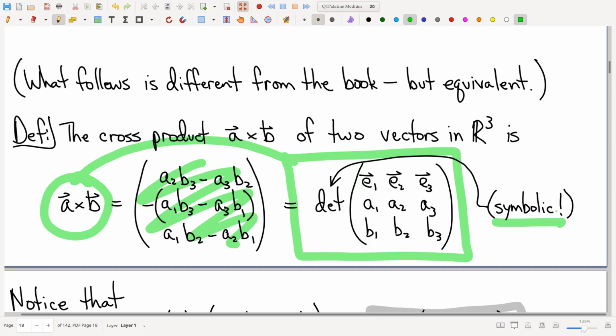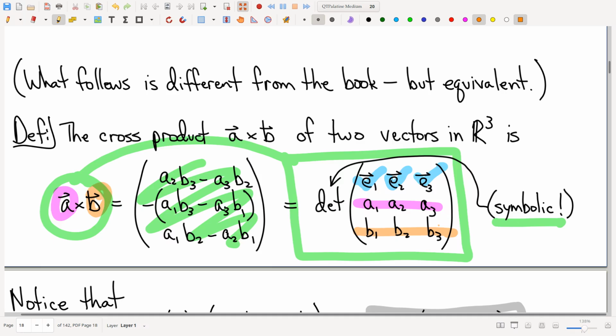I would forget a minus sign, or I'd get those two products in the wrong order in one coordinate or another. It'd be really easy to mess that up. But this formula here, I think, is pretty easy to memorize. It's got a nice, simple pattern. E1, E2, E3. First vector there. Second vector there. Pretty easy. Everybody with me?